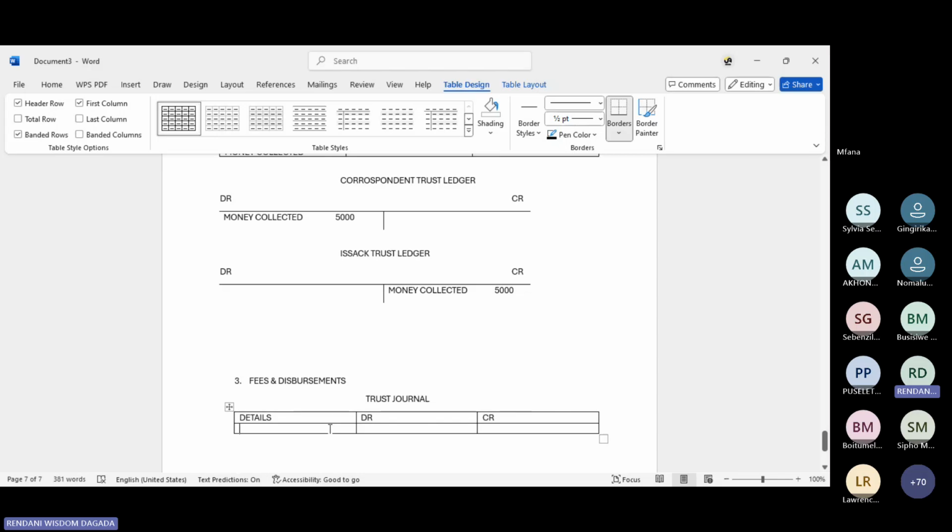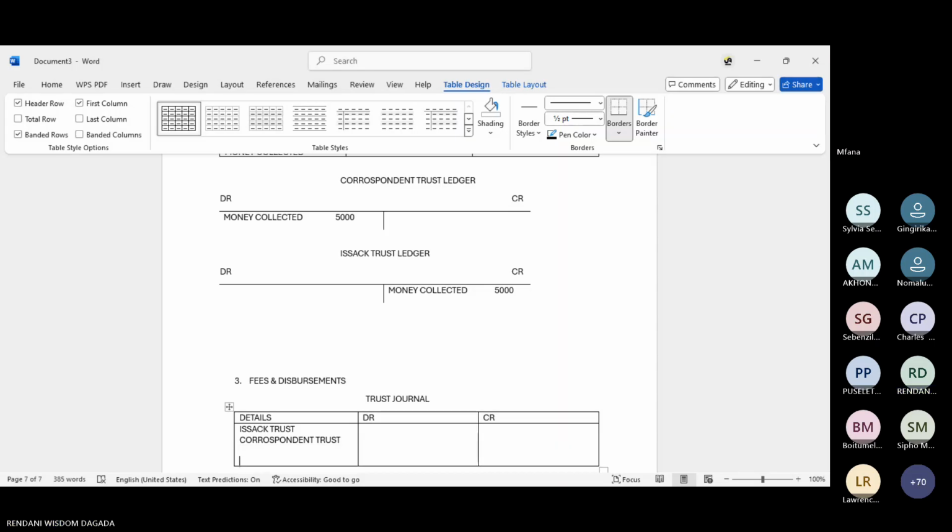Now for step number 3. For step number 3, instead of starting with the correspondent, we start with the plaintiff, Isaac Trust, followed by the correspondent trust.